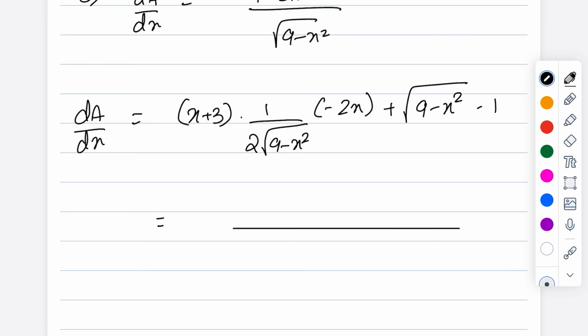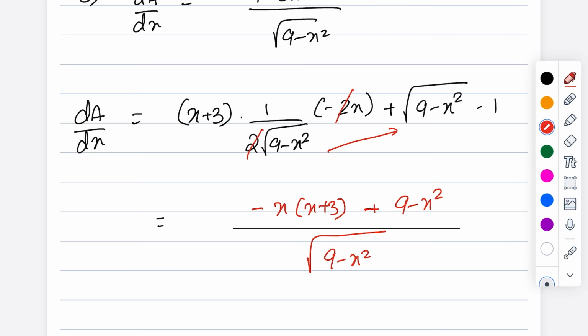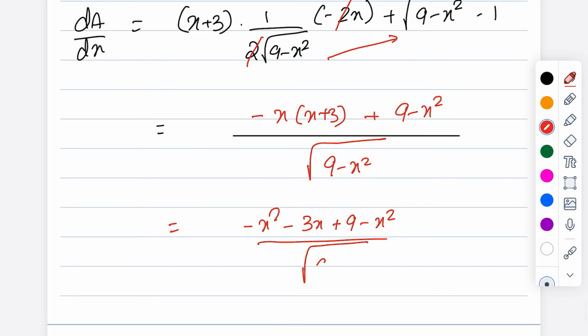Then I take the common denominator, square root of 9 minus x square, because the 2 and 2 cancel, minus x times (x plus 3), then 9 minus x square times the square root of 9 minus x square becomes 9 minus x square. So it becomes negative x square, negative 3x plus 9 minus x square upon square root of 9 minus x square.